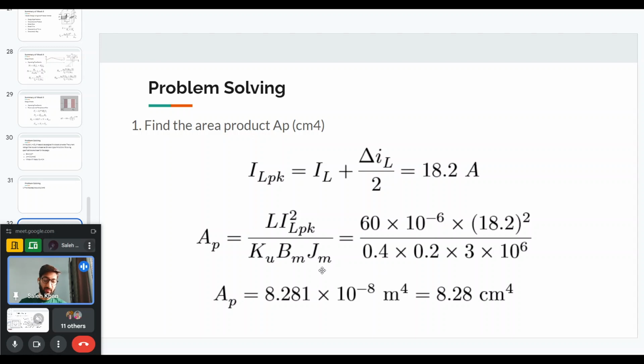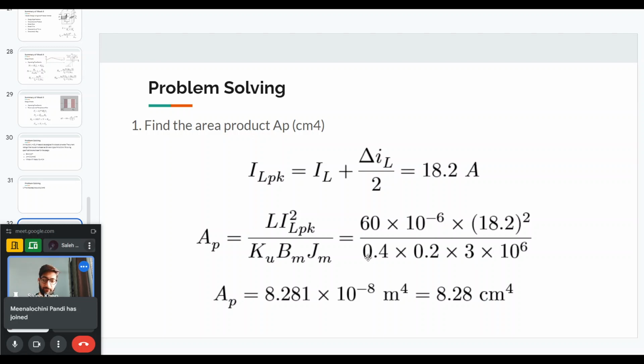And finally, current density is current per unit area. For current, the SI unit is amperes, and for length, it is meters, so you should get amperes per meter square. You are given 3 amperes per mm square, so I convert it into amperes per meter square, which gives 3 times 10 to the 6.